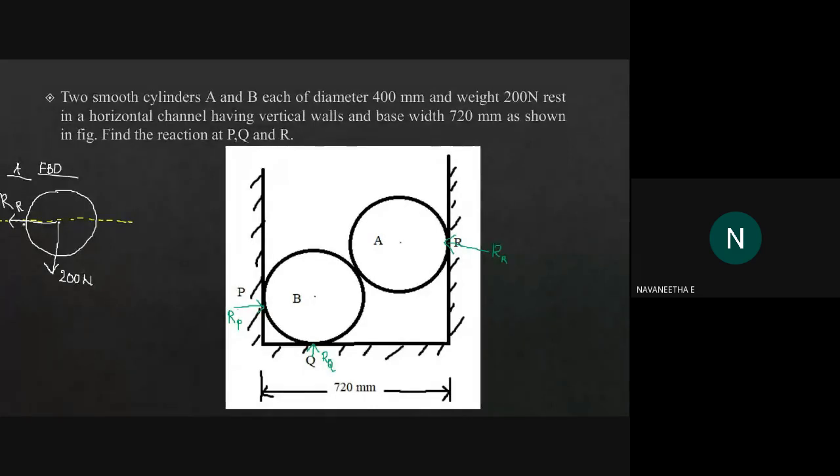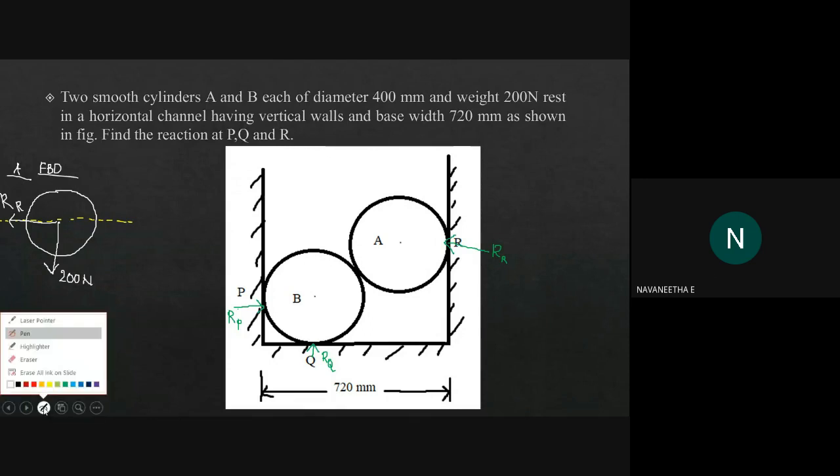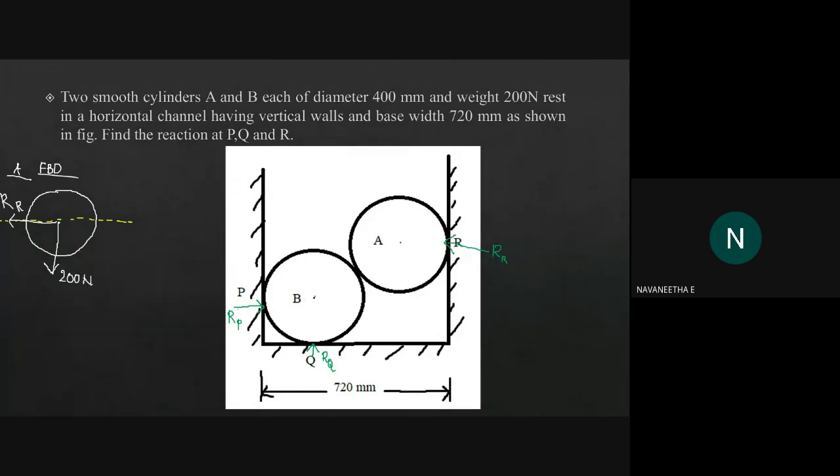Also, we know that if any body is in touch with a surface, a reactional force will arise. Also, A and B are in contact. So there will be a reaction force between these two bodies.